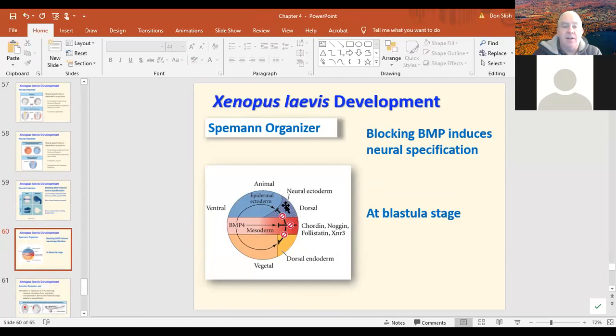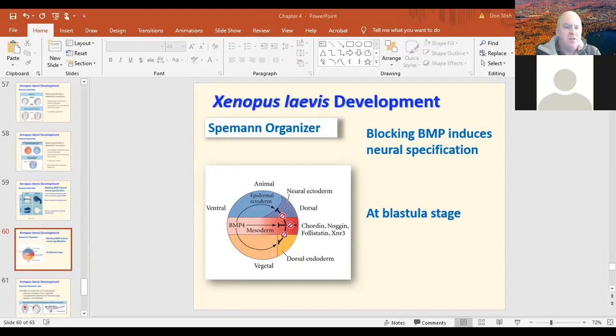It's not right now, but it will be because these BMP blockers are coming up this far and blocking that. You're also getting dorsal endoderm down here because the blocking factors are going in that direction. So this is the BMP gradient here, and it gets blocked there and there. So that's where you get the neural. So we know BMP is important for neural induction, because if we totally block it, it does not get formed.